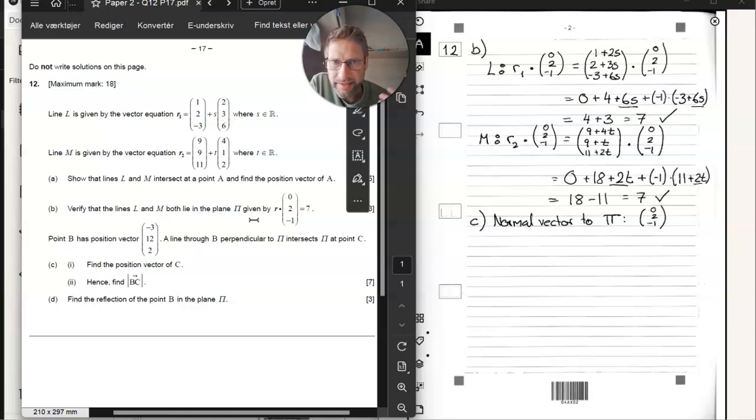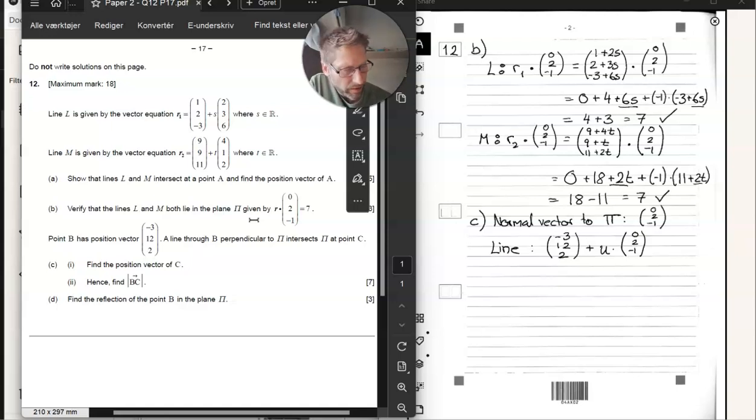And we are going to use that as a direction vector for a line. So the line, it doesn't have a name, so we're just going to call it the line, has a vector equation that is -3, 12, and 2, plus a parameter. We've already used s and t, so why not use u times 0, 2, -1. And this line intersects the plane at a point C, and we have to find the position vector of C.